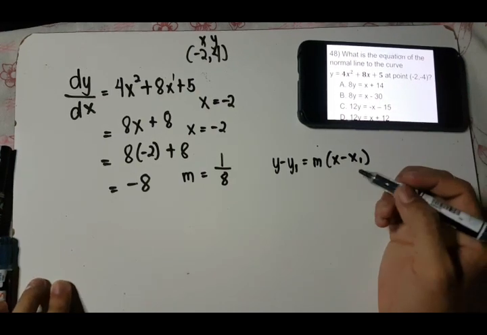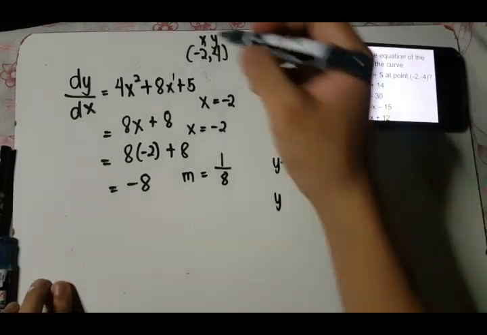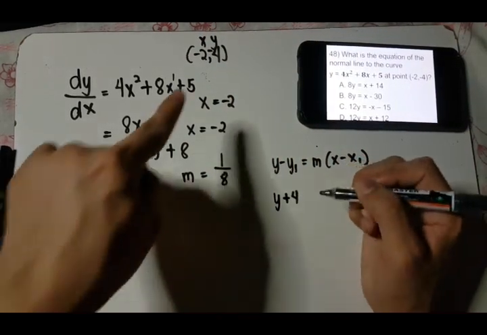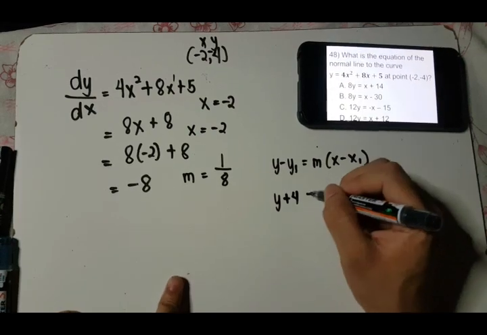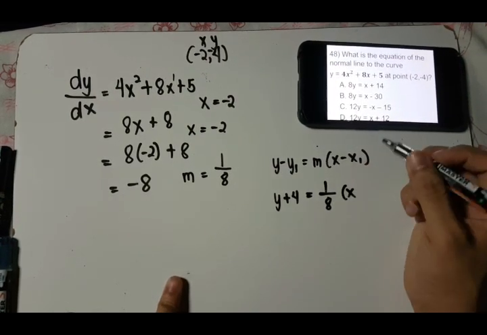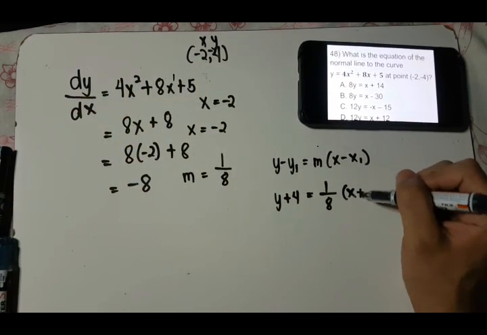Then just substitute the given values. So y, this is negative, right? So y plus 4, negative and negative, that is positive. Then slope is 1/8. X is negative, and negative and negative is positive, so plus 2.